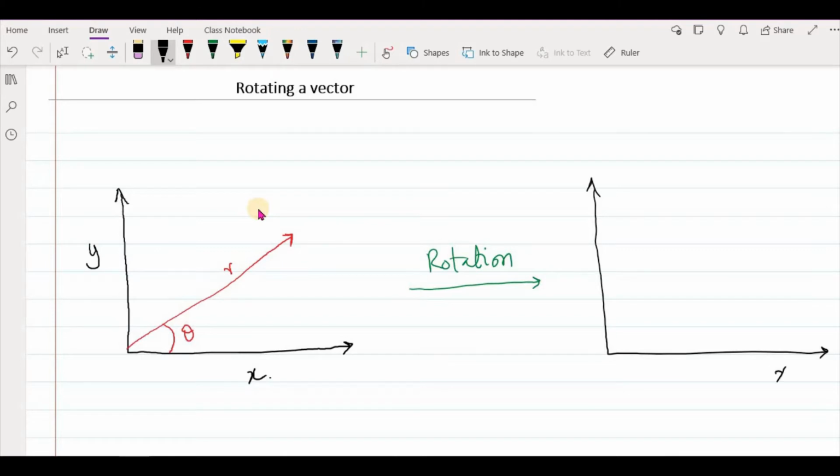We have X and Y, but this time the vector itself is rotated, and now it is like this. So what has changed? The X and Y coordinates. For example, previously, if this was the Y coordinate and this was the X coordinate, let's name them capital X and capital Y.